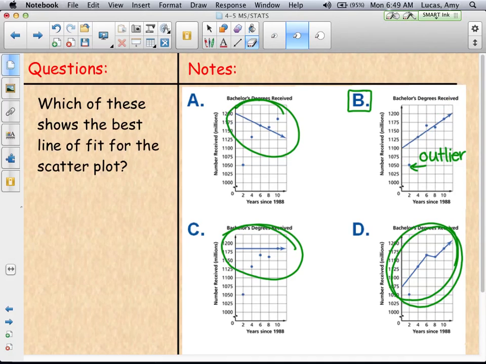But the problem is that line is going to be a lot steeper than the trend really is. So this line, where they have it drawn, is actually most accurate. It went through a couple of the points, and there's only one on each side. So that is the line of best fit when there's an outlier in your data. That's why we wanted you to see this example, because outliers you can ignore.